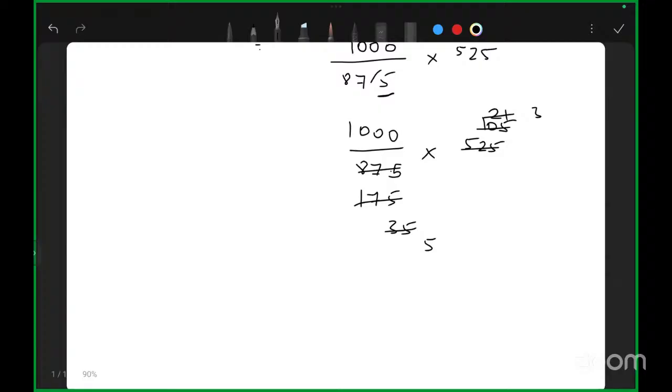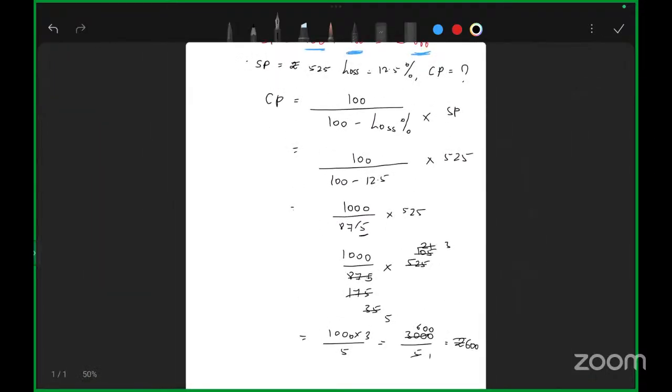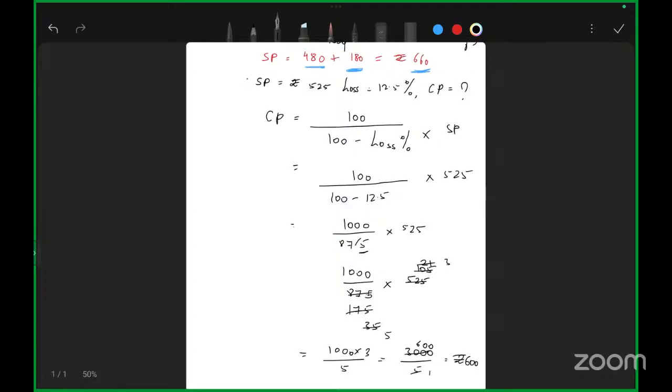Now I will write 1000 into 3 by 5, so 3000 by 5. Here also you can cancel: 5 ones are 5, 5 sixes are 30. Answer is 600. Okay, 600 rupees, and this is your working. Got it? Hope it is clear now, Johanna.